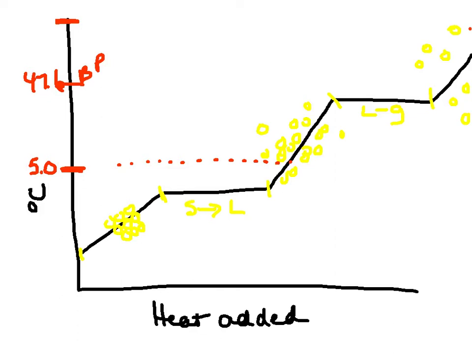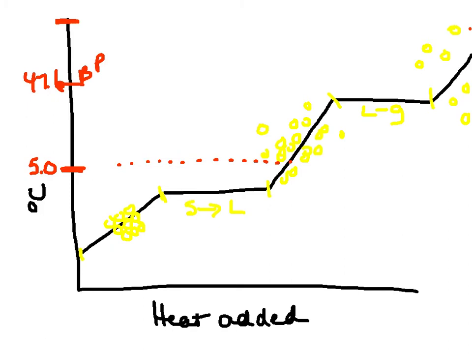Once we know the enthalpy amount for each section, then we can add the enthalpies together, and we will end up with the total heat required to go from 5 degrees to 82 degrees.